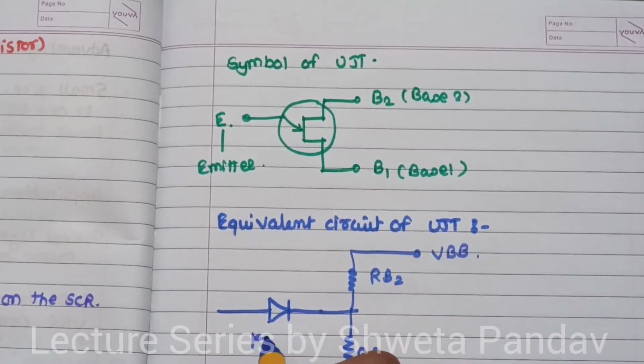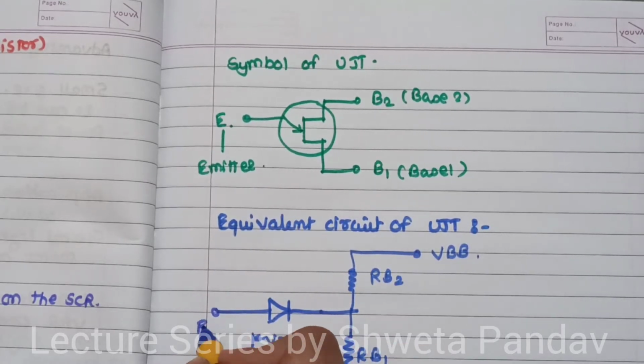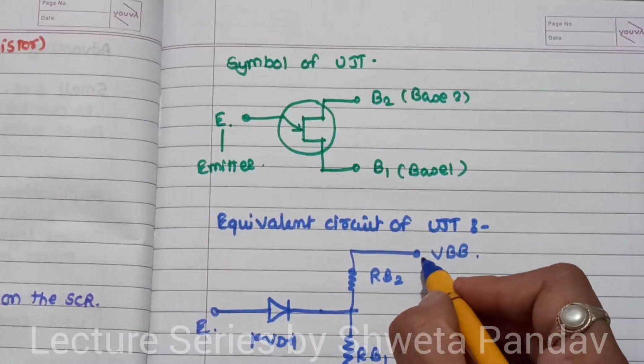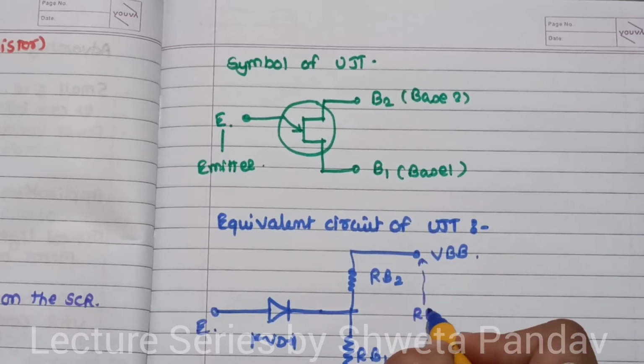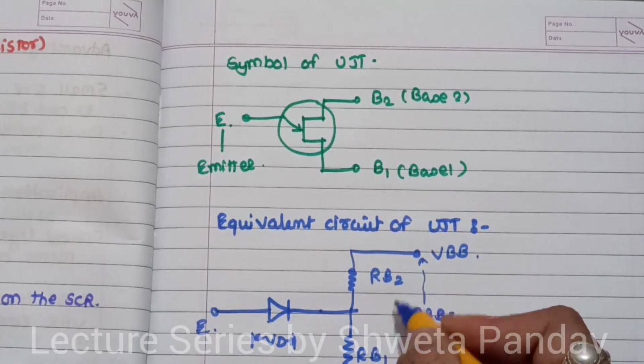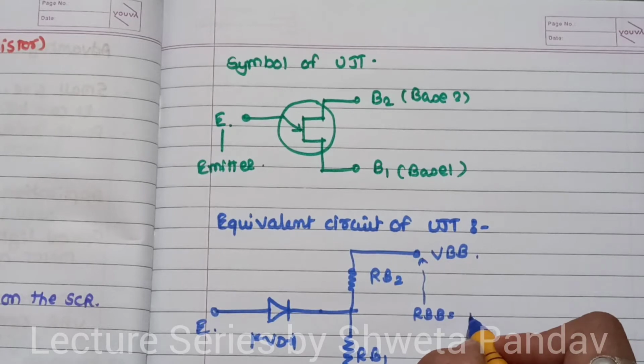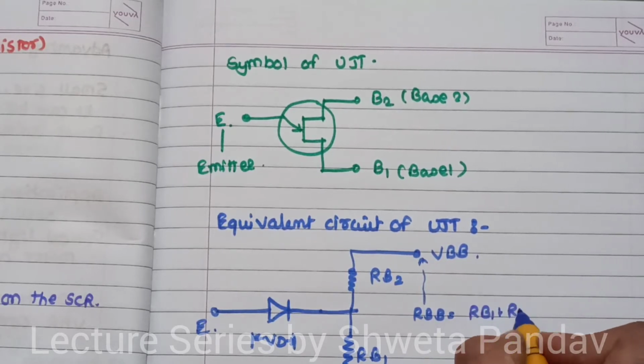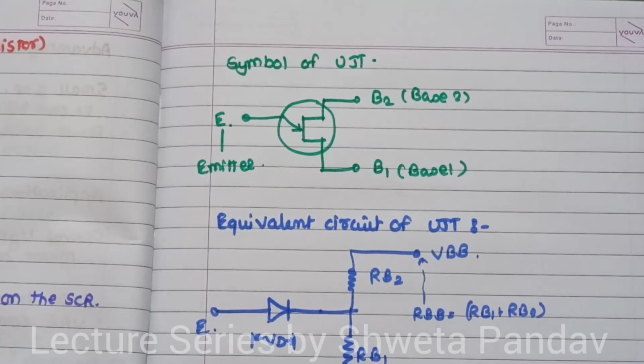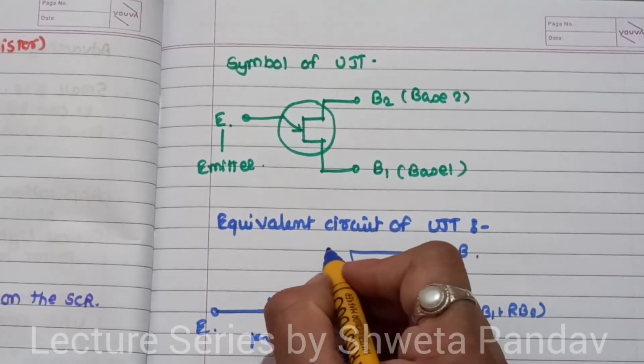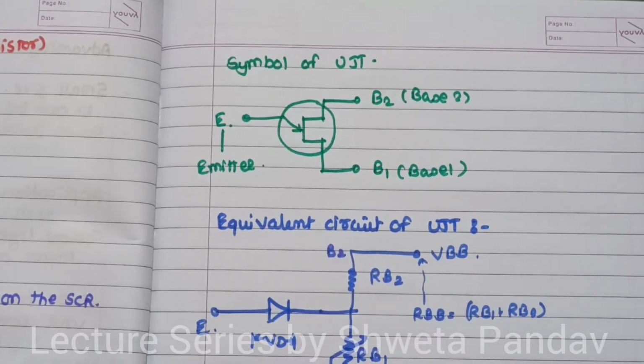Suppose the voltage across this diode is VD, and this is our emitter terminal. RBB is nothing but the equivalent resistance of both, RB1 plus RB2. This RB1 resistor is a variable resistor. This is the B2 terminal, this is the B1 terminal.